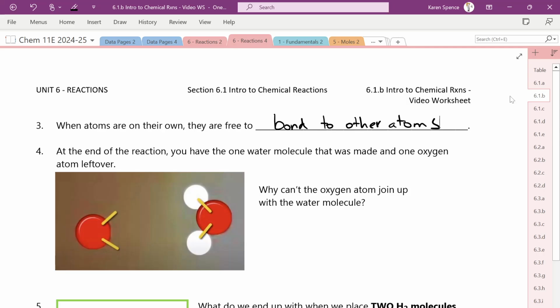What do you guys think? Why can't this oxygen atom over here get together with that water molecule? It doesn't have any leftover bonds. The water molecule, all the bonds are taken up, okay?